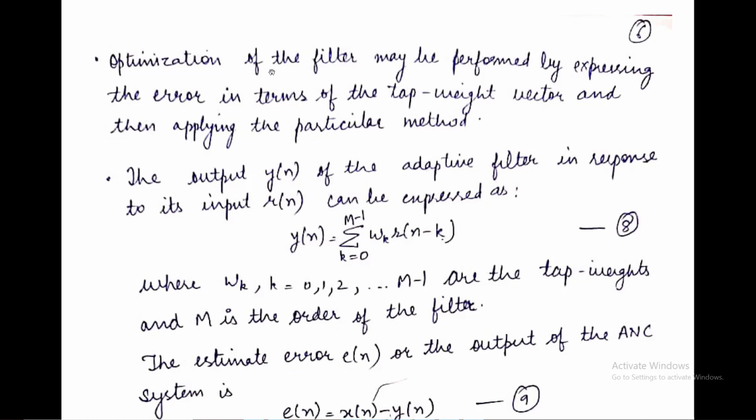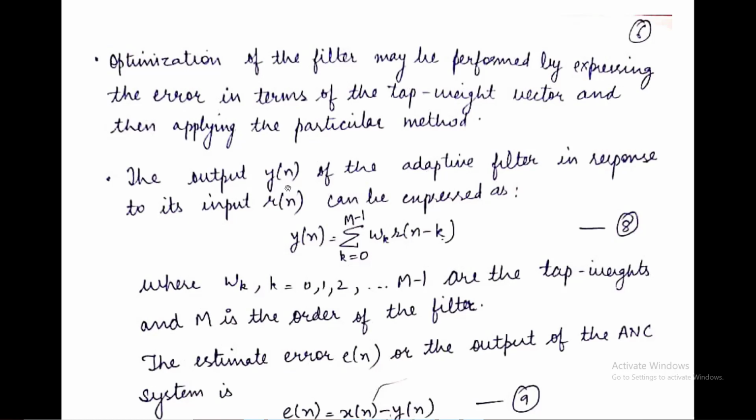Optimization of the filter may be performed by expressing the error in terms of the tap weight vector and then applying a particular method. It can be the least square method or any other which we want, or a Wiener filter we can realize with this, whatever is available.